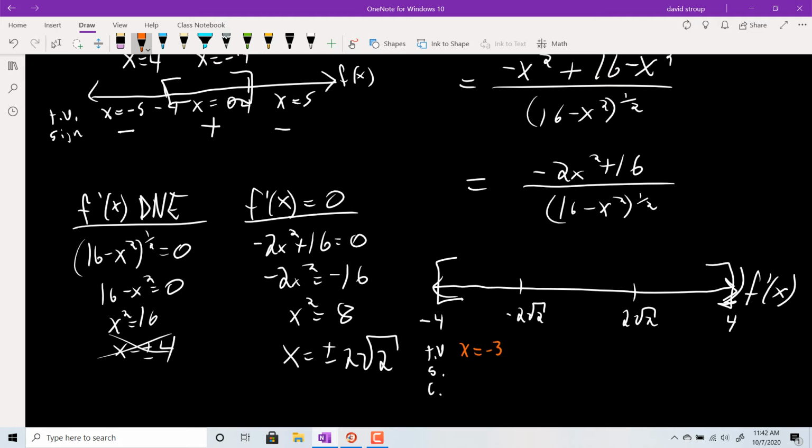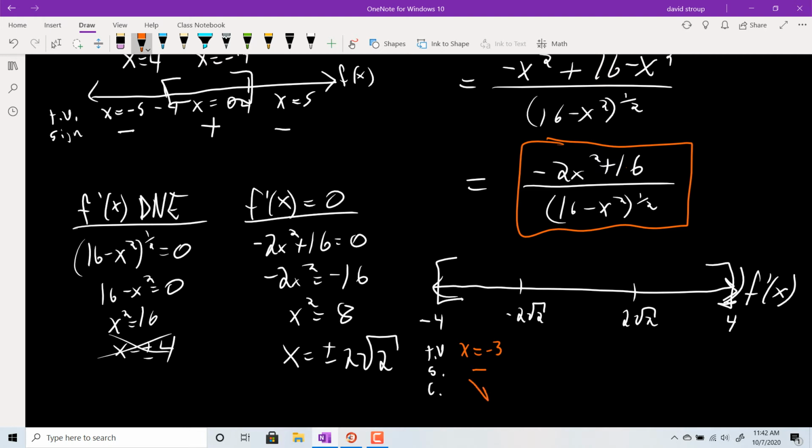Okay. So the denominator will always be positive. It has to be, it's a square root. If I put -3 in the numerator, it'll be -2 times 9. -3 squared is 9. -2 times 9 is -18, plus 16 is a negative. Okay, so it's going to be negative.